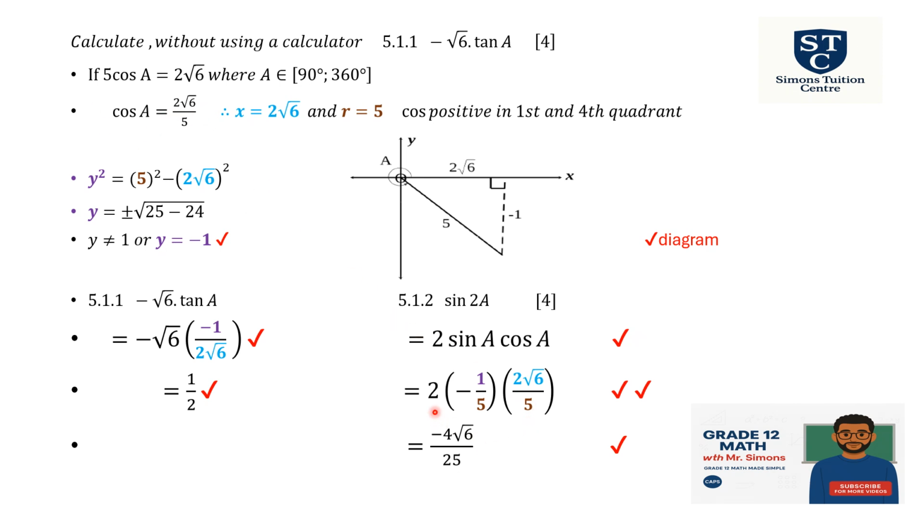So if I multiply in, 2 times negative 1 gives me negative 2, times 2 would give me negative 4, square root 6 on the top, and 5 times 5 gives me 25. So 1 mark for correct expansion there. Another 2 marks, 1 for getting sine A correct and 1 for cos A. And then a fourth mark for negative 4 square root 6 over 25.